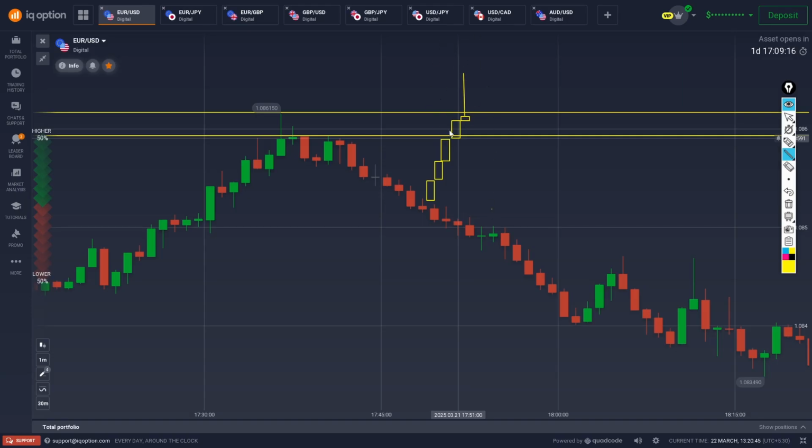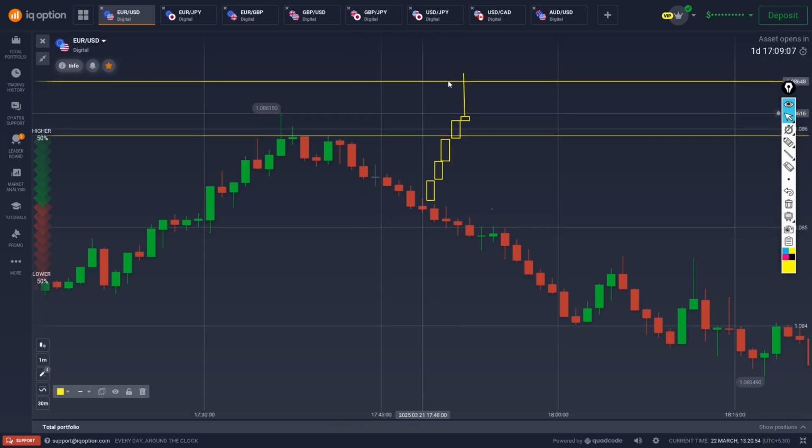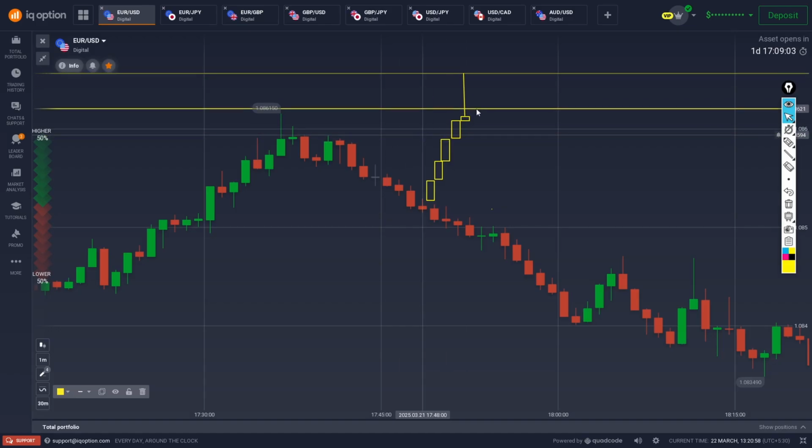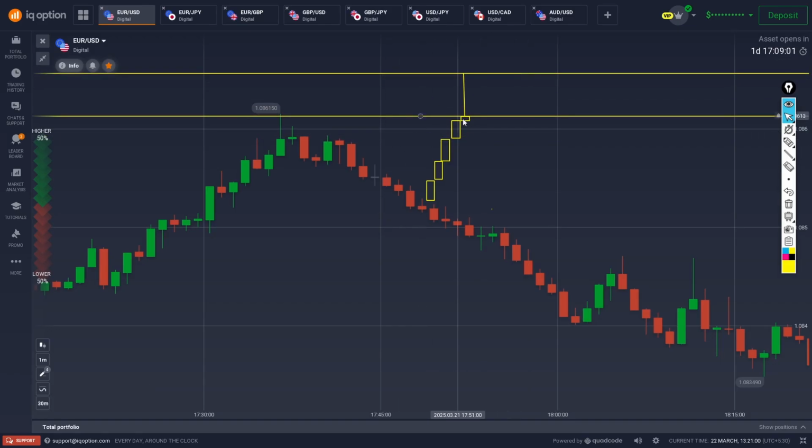So this is also not a breakout, but in this case you need to update these zones. And how you can do that? Simply use the wick and the body of the nearest, which is here. So this is now your updated zone.